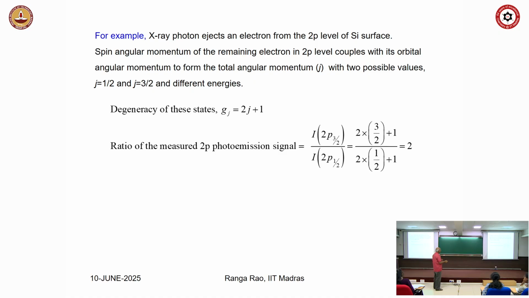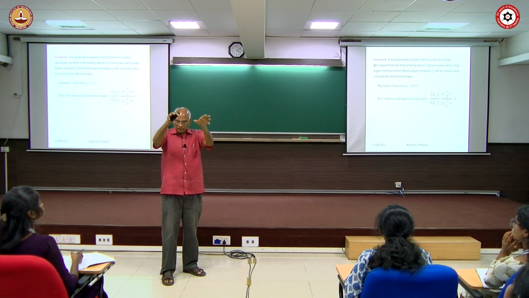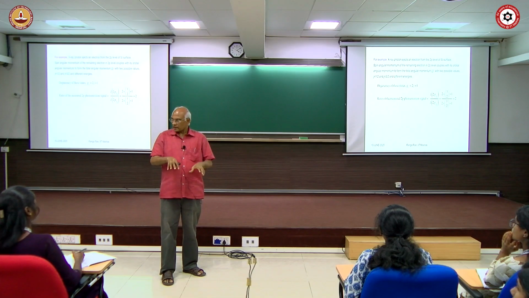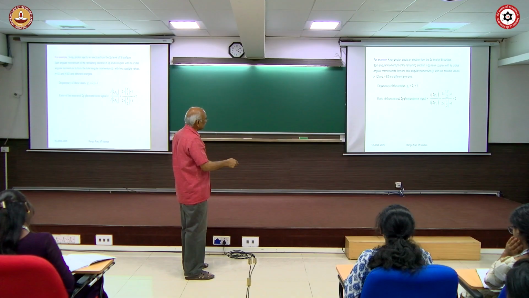So this is what it is. Degeneracy of these two states, Gj, is equal to 2j plus 1. Now the ratio of the measured 2p photoemission signal: you calculate the area under the peaks. If you calculate the intensity of the 2p3/2 peak and the intensity of the 2p1/2 peak, that ratio should be equal to 2.